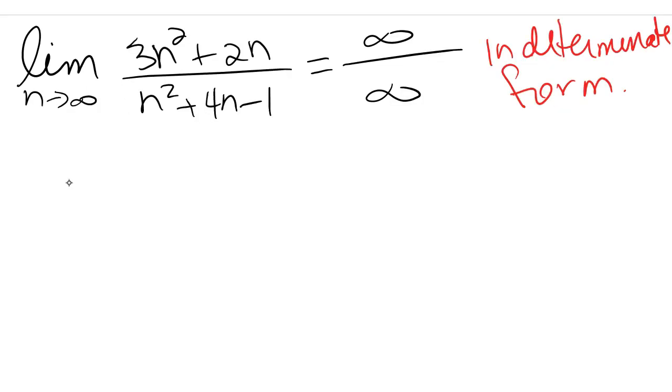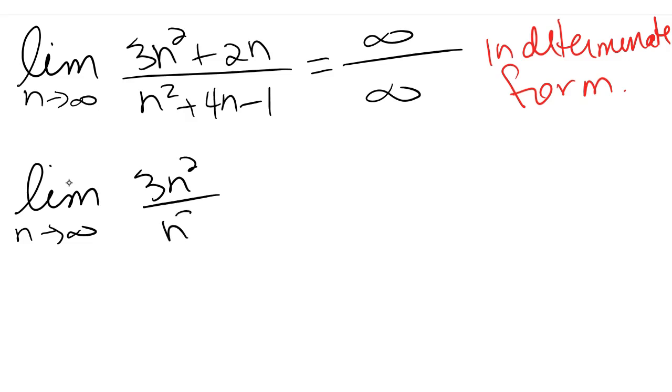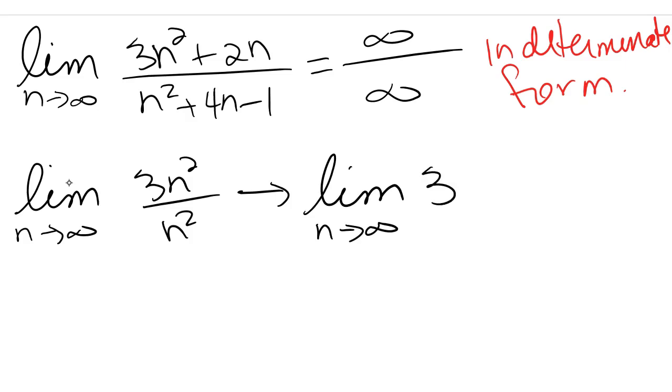One way to evaluate this indeterminate form is to take the limit as n approaches infinity on the leading terms, which is 3n squared divided by n squared, and simplify this. This means that we will take the limit as n approaches infinity on 3. The limit of 3 is equal to 3.